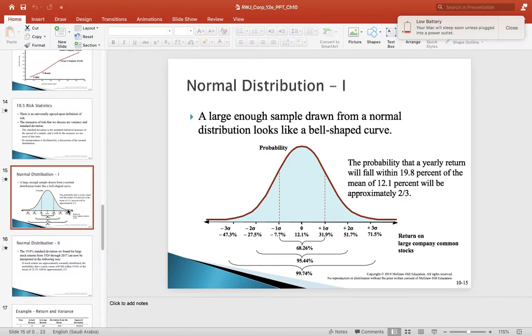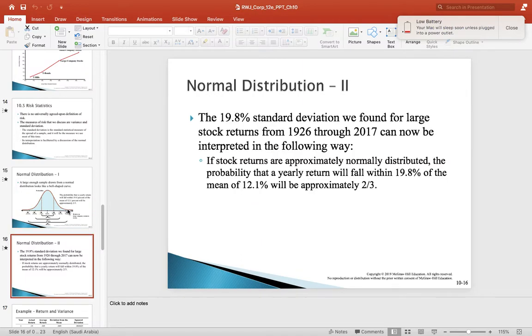This is the way the standard deviation is helpful in predicting the risk and return of a particular series of data. Therefore, 19.8 is the standard deviation of large cap stocks from 1926 to 2017, a large range of data, and that too large cap stocks of the US.